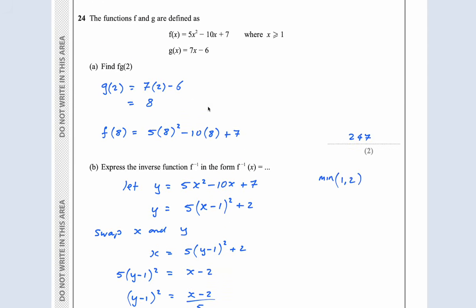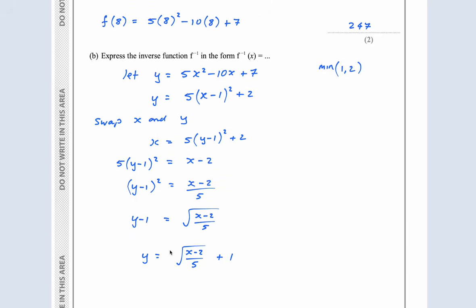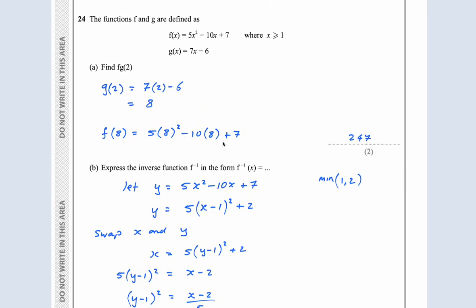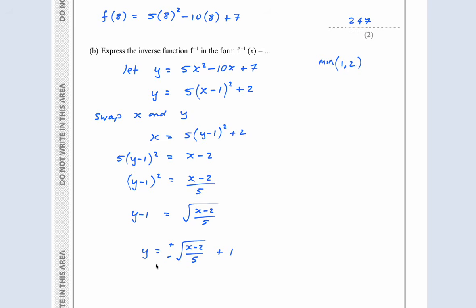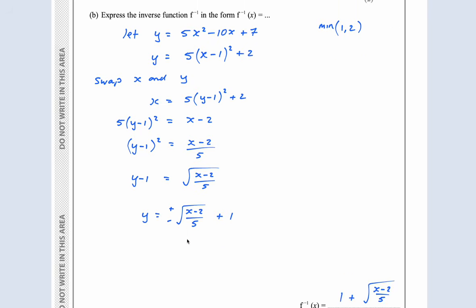Okay, now I'll just add, guys, because this could be plus or minus. But because x has to be bigger than 1 for the function f, then y has to be bigger than 1 for the inverse function.